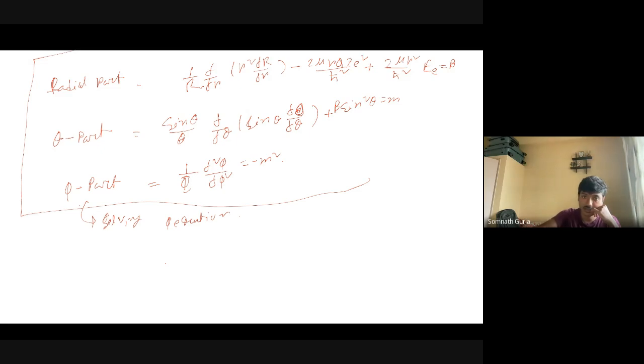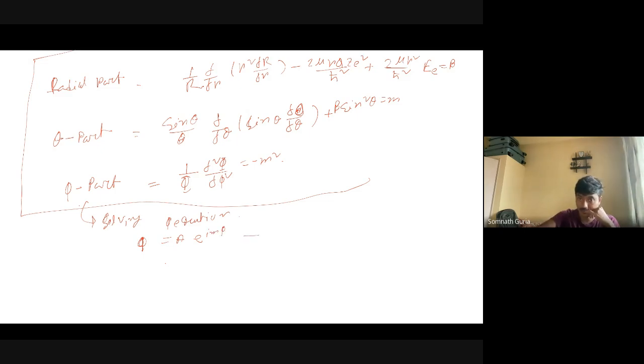Solving this equation, we first have to know that for the phi part the trial solution will be something like a e to the power i m phi.